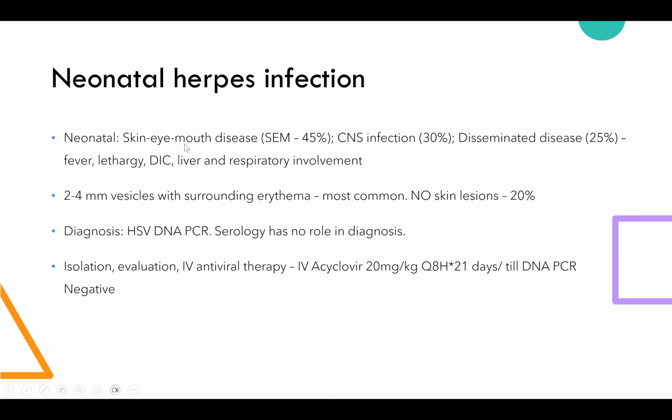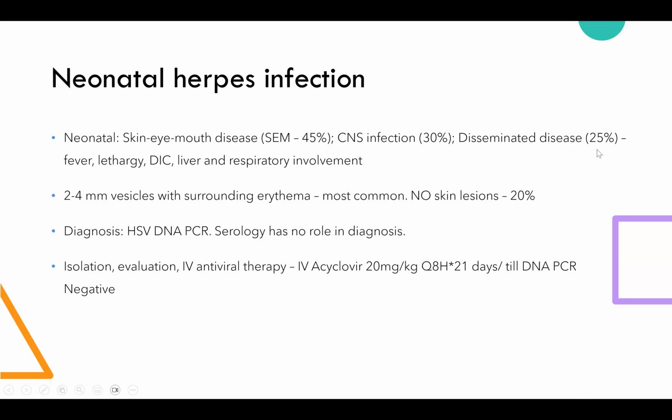postnatal acquisition. They can present with 3 distinct manifestations, which can be overlapping also. They can have skin, eye, mouth disease, in short called SEM disease, in 45% of the infants, CNS infection in 30% of the neonates, and disseminated infection in 25%.